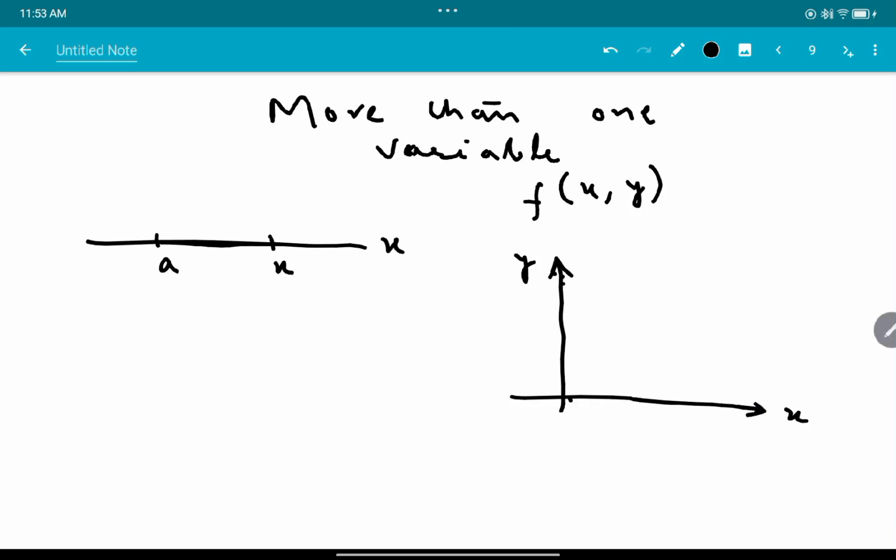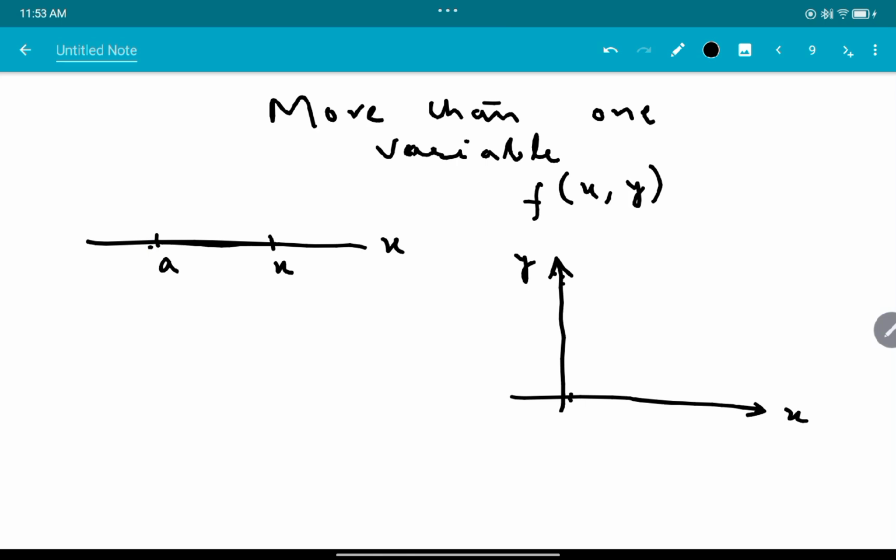Where is f now? f(x,y), not f(x), is up, somewhere here, up or below this plane. This means that now x and y, the input variables, lie in a plane rather than on a straight line. Now when they lie in a plane, the interval suddenly changes.